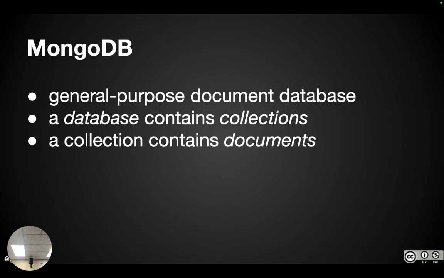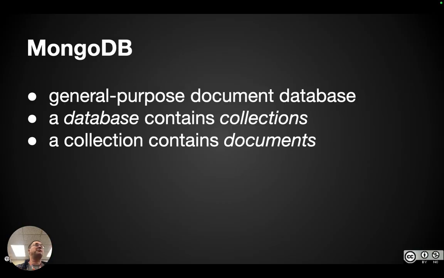Here's my example. Let's make an analogy to Google Drive. We could say Google Drive is like a database, and Google Drive contains folders, which are like collections. And collections or folders contain documents.